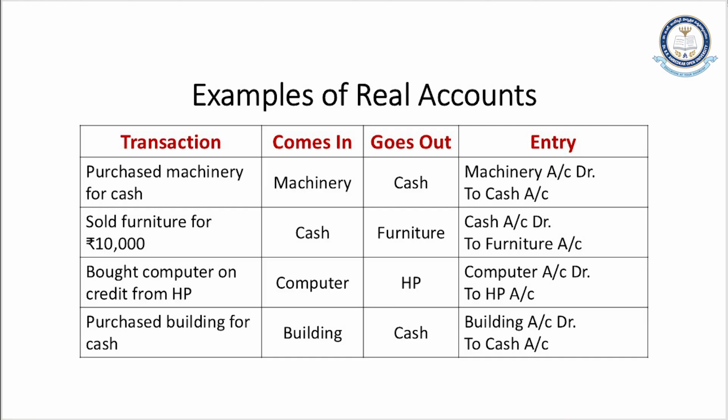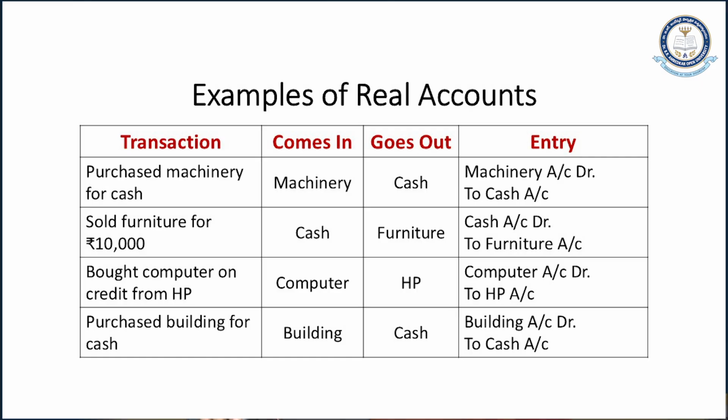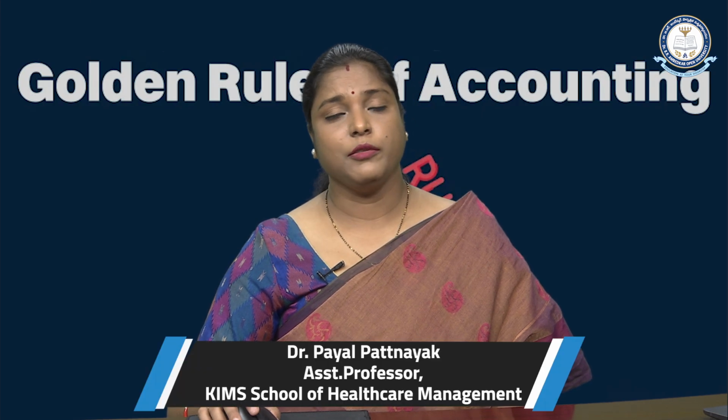So what we will do, that computer account will be debited to HP account. HP is giving us, and we know we credit the giver. HP is giving us, so we'll credit HP. So the transaction is computer account debited to HP account.